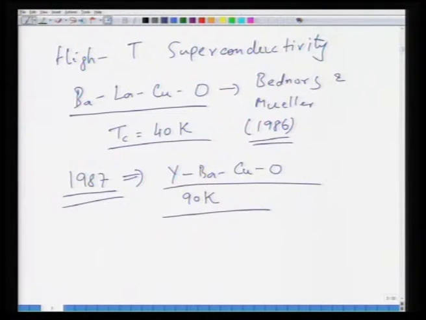Commercially this made a lot of sense, so this set the tone for high temperature superconducting ceramics research as well as development of applications.